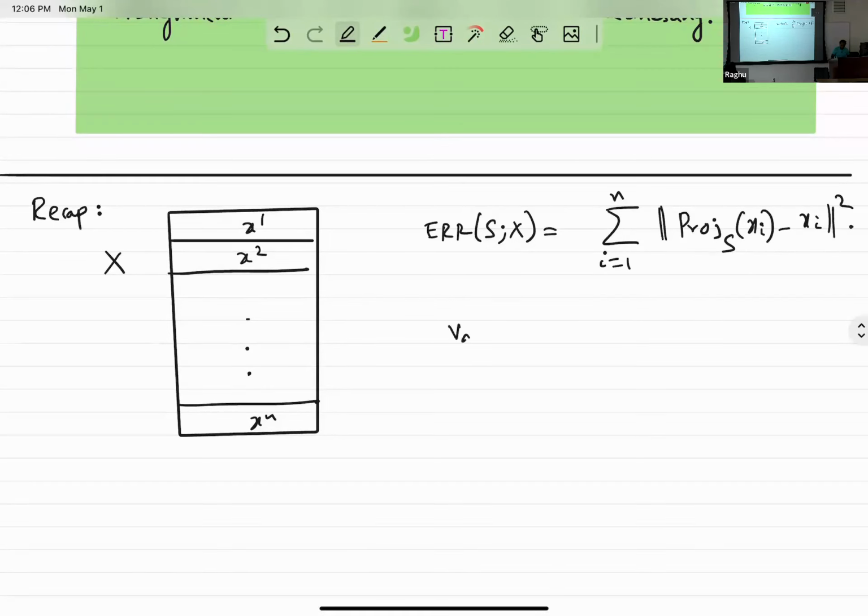Okay, and then we had the variance term, which was just how much of each vector was actually captured within the subspace.